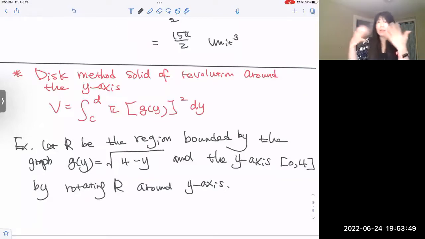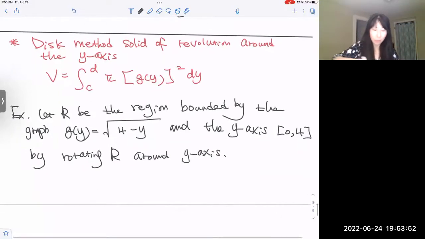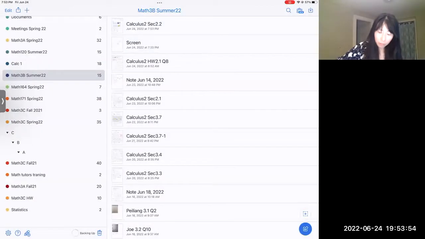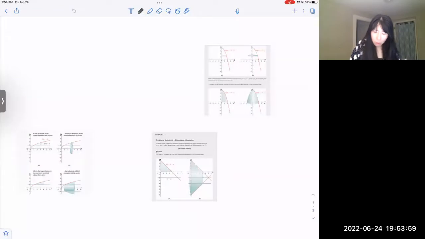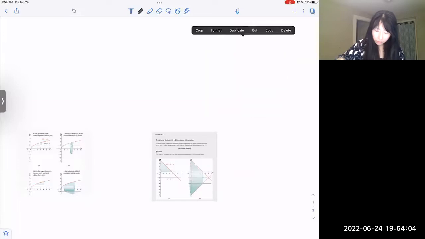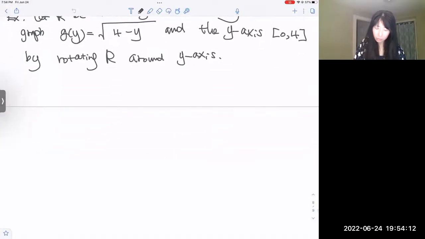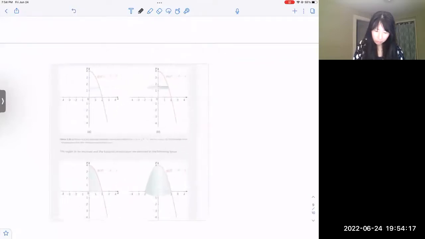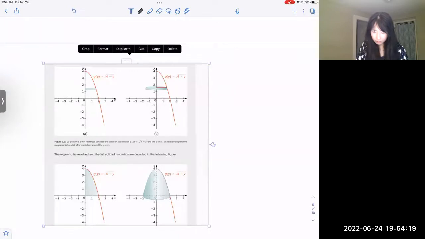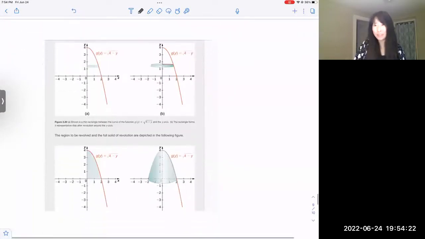So let me bring the picture here. This graph, g of y, is the square root of 4 minus y.